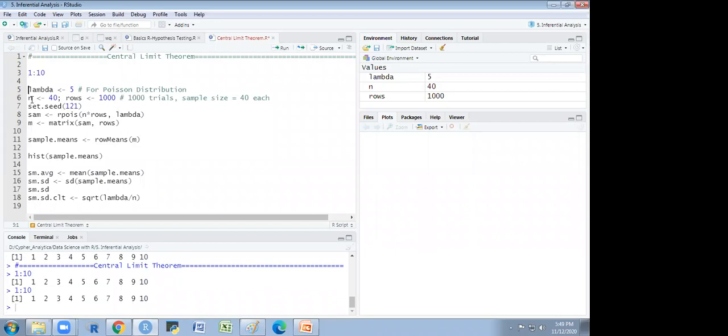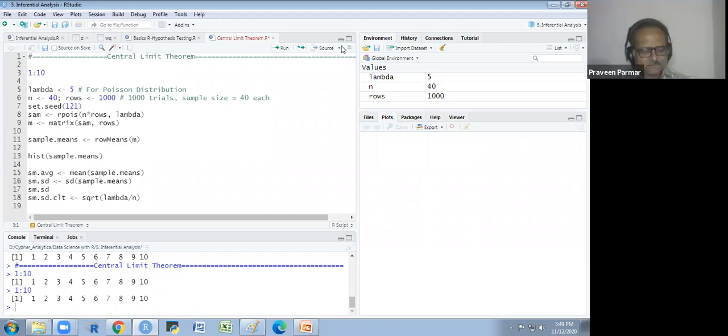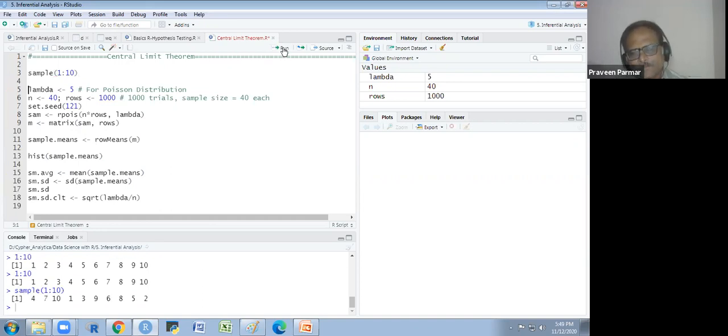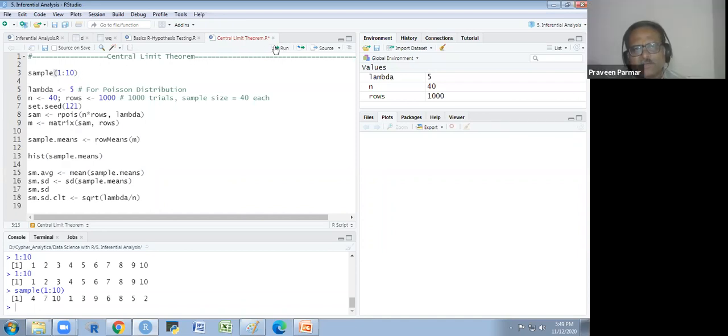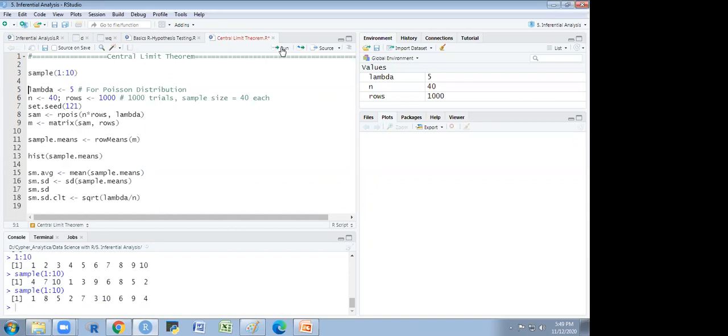But if I write sample here, and I run it, what am I getting? Some other sequence. I'm getting all the numbers 1 to 10, but not in the same sequence. Next time I run it, I'm getting a different one. It draws randomly.